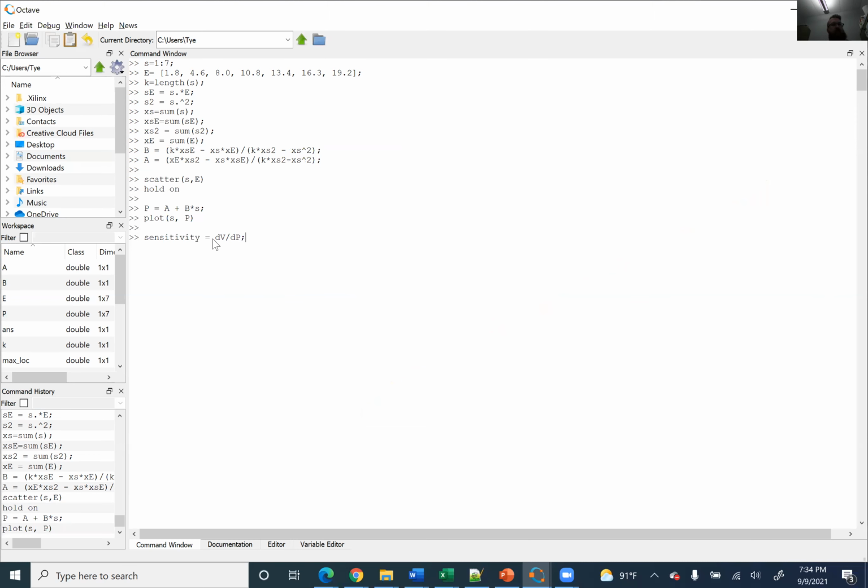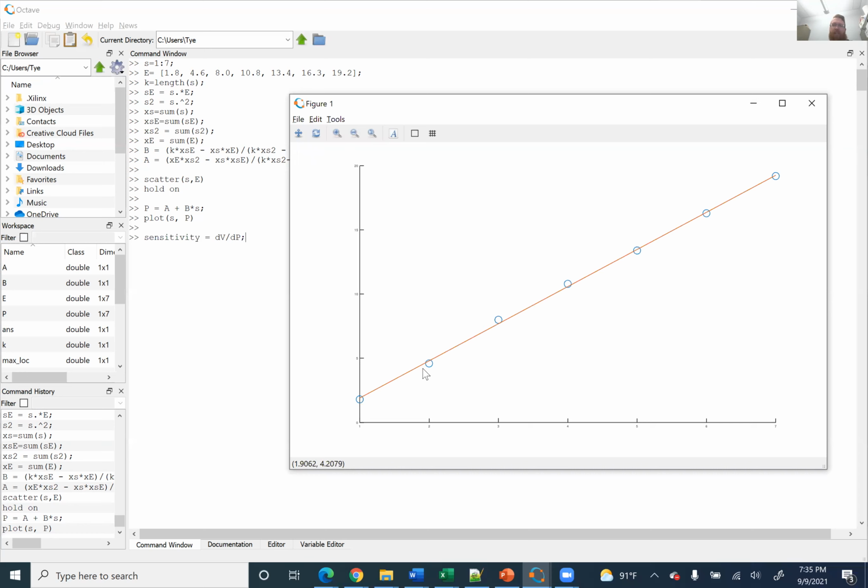The other way of saying that, though, is because I have the equation. If you look at the plot, the x-axis is the change in pressure for you guys, and the y-axis is the change in voltage. In my example, I don't have the units popped out because it's generic numbers.